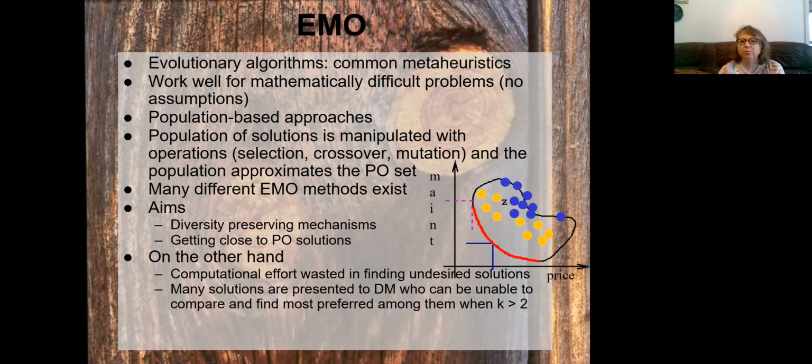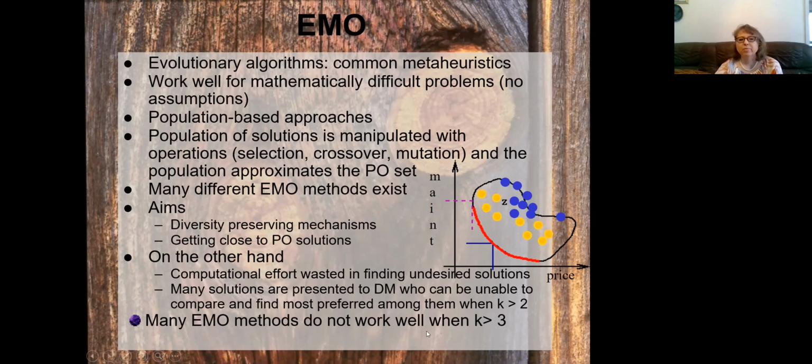And there might be many areas of the Pareto optimal solution set that are not at all interesting to the decision maker. So we are kind of wasting effort in representing them. That's why we can also introduce some preference information in these algorithms to focus the search to some area and not the whole Pareto optimal set.